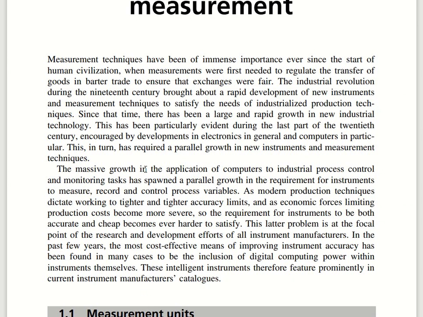So measurement techniques have been of immense importance ever since the start of the human civilization. Measurements were first needed to regulate the transfer of the goods in a barter trade. If you remember the barter trade before the money or the capital trade came into investment, there was a trade called barter trade in which we used to trade different objects for different objects.